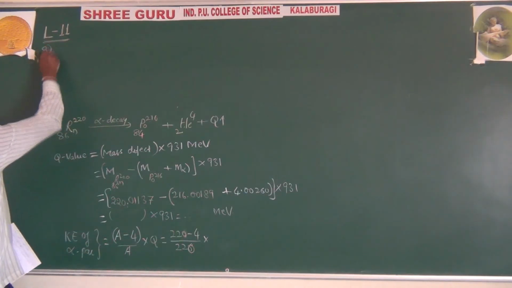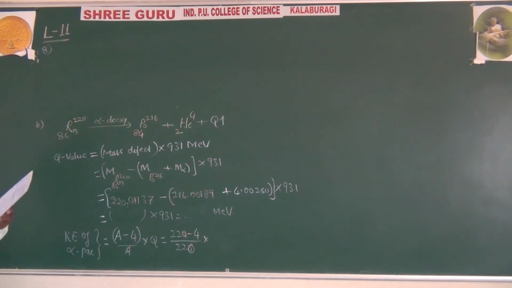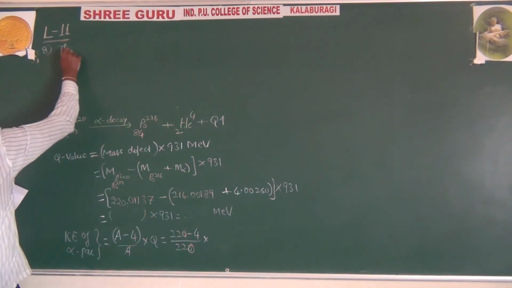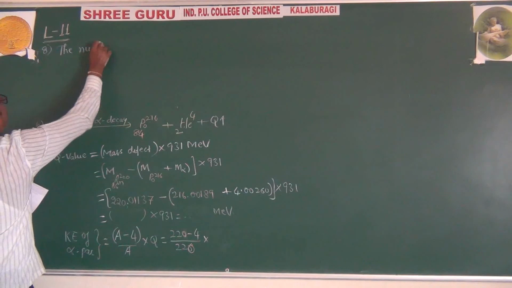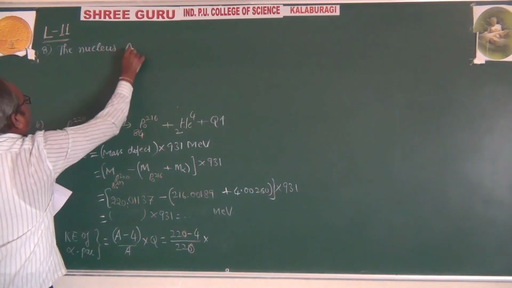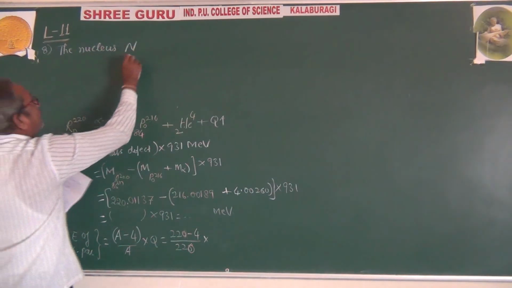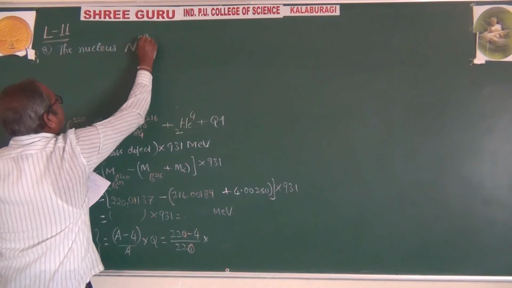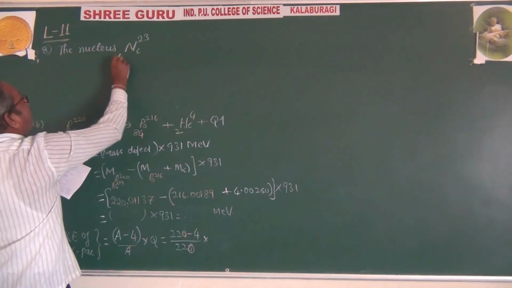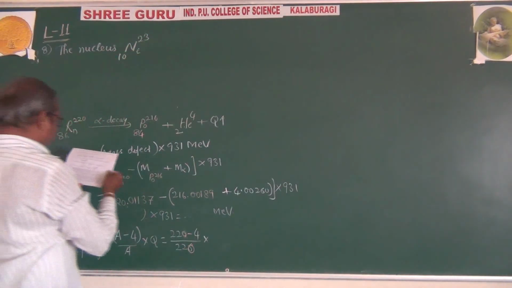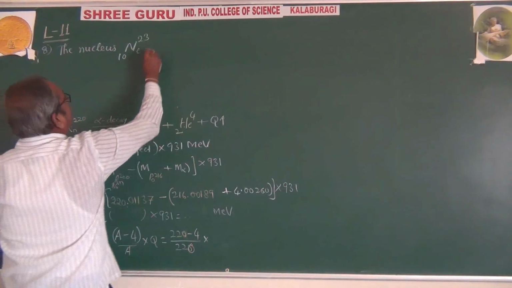Question number 8: The nucleus neon 23, 10 decays by beta emission.